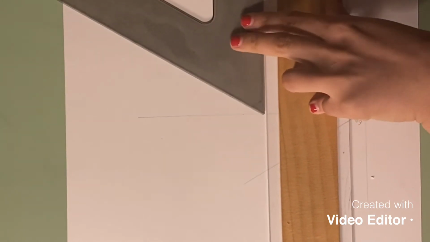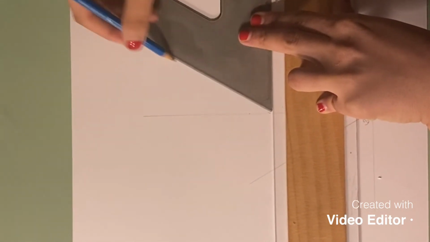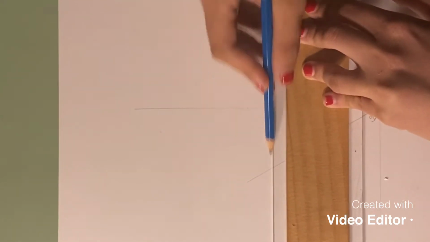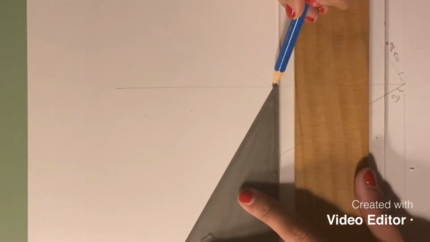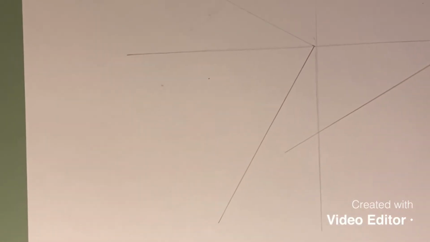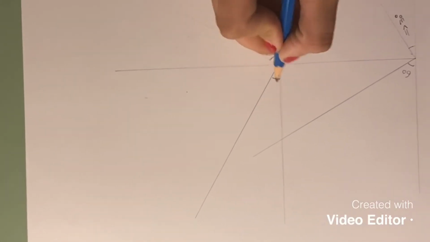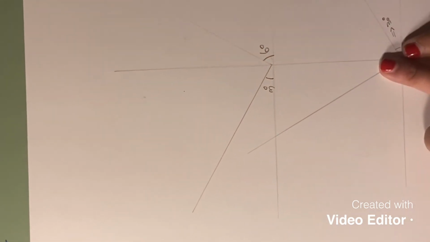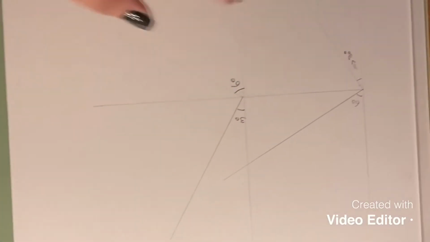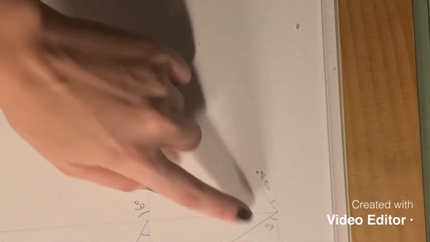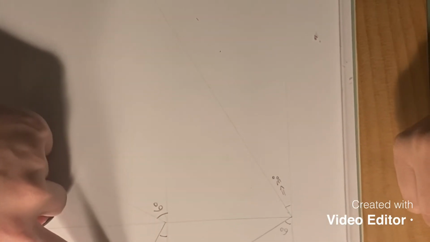So I want 60 degrees on this side and 30 on my other side. As you see now, I have 60 and 30, opposite of what I have on the bottom. So before you start the drawing, you need to decide if you're going to have 30-60 or 60-30.